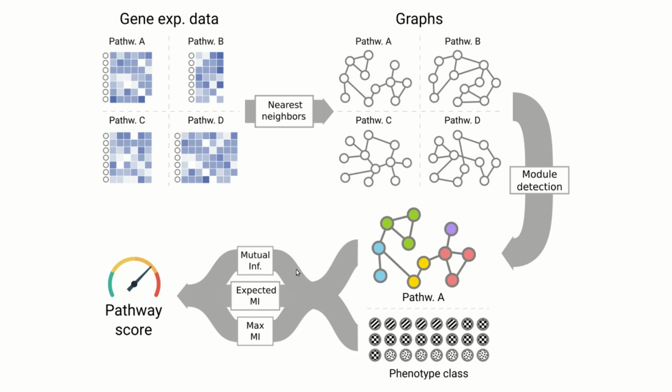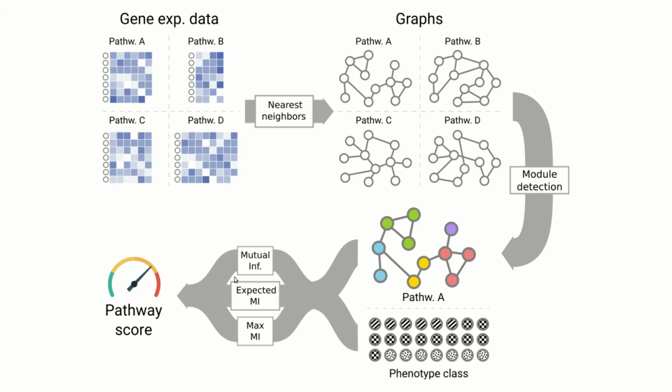But importantly, we also can calculate the maximum mutual information that has to do with the entropy of these two distributions of samples. And also, we can calculate the expected mutual information if the assignment of the samples were random.